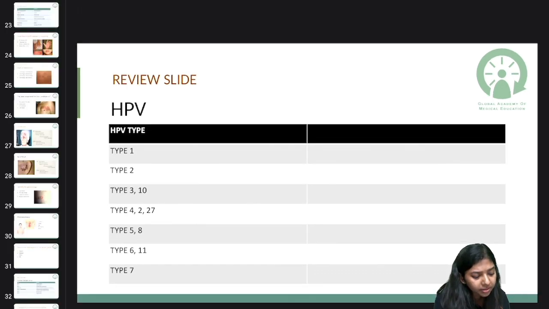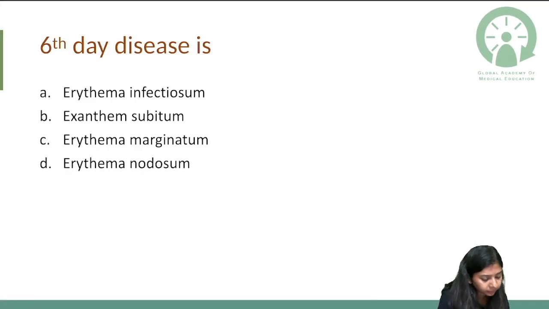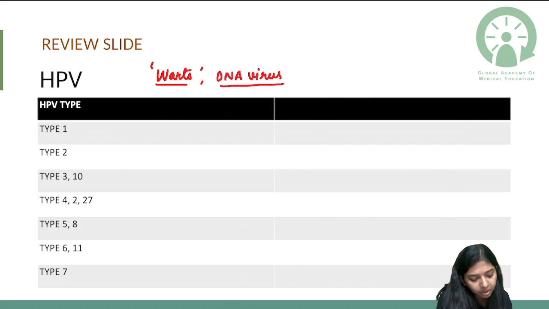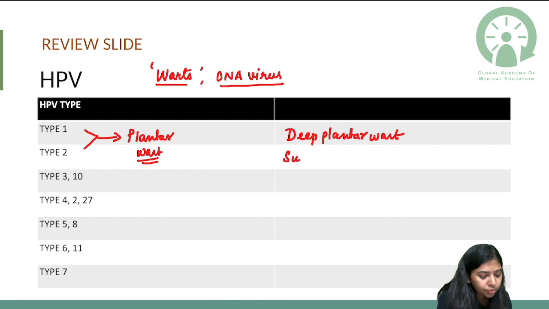HPV causes warts, right? It's a DNA virus. So see, type 1 and type 2 are going to cause plantar warts on the plantar surface. This will cause a deep plantar wart, HPV 1. This will cause a superficial plantar wart.